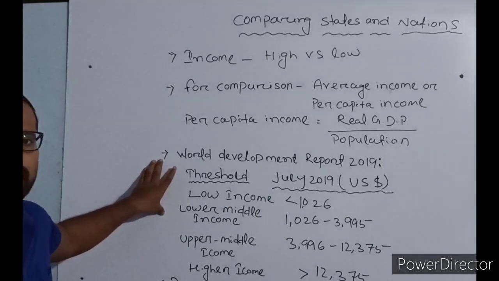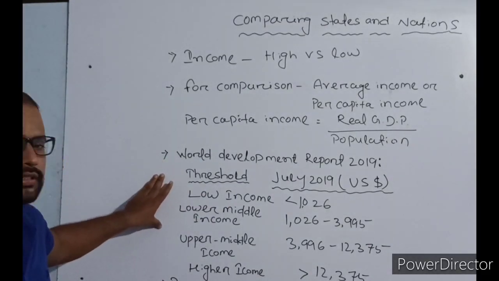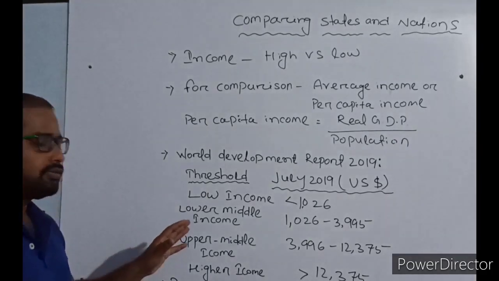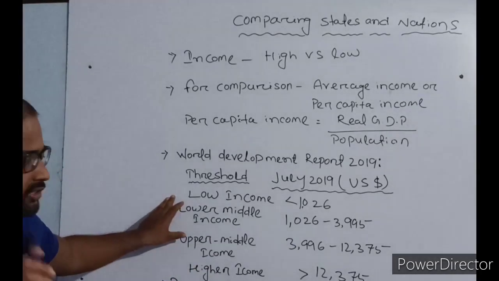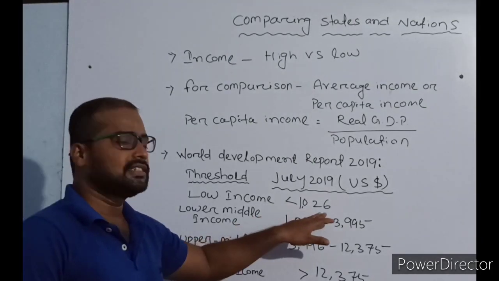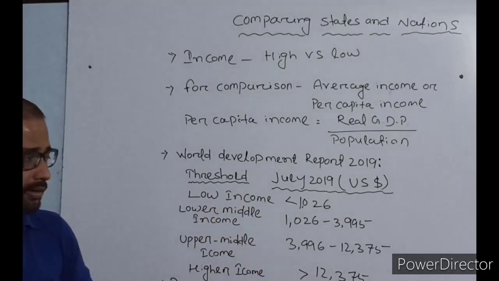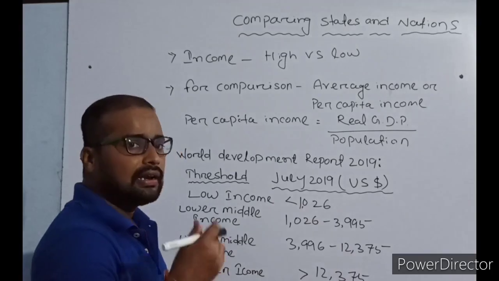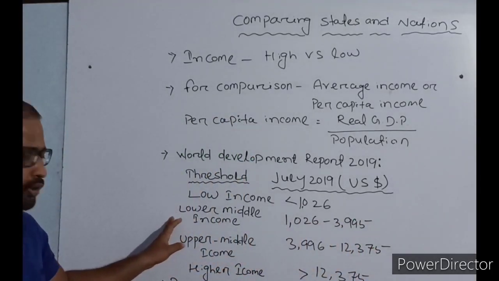So here is a report, the World Development Report 2019. In that report, there are 4 categories of nations. First is the lower income group, where nations with US dollar 1026 or below come under the lower income group, and 1026 to 3995 US dollars come under the lower middle income group.